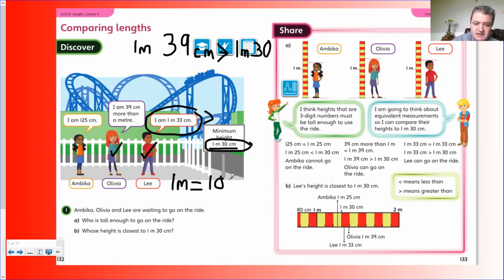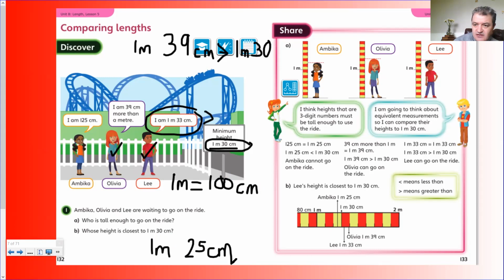So I'm going to write Ambika's height as 1 meter, and then we've used up 100 centimeters in the measurement of 1 meter. So therefore, we've got another 25 centimeters to go. So she is 1 meter, 25 centimeters.